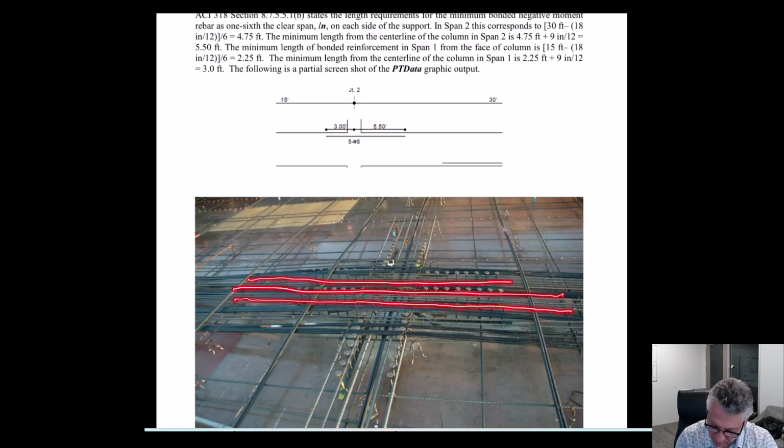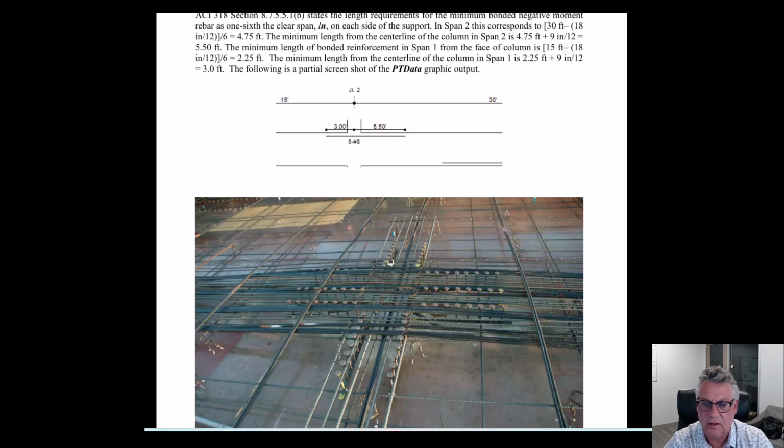So they're all in the same plane, they're all the same thickness, they're all running over the perpendicular steel at the same height, creating the same cover. So we try in the thinner slabs to use number 4 bars parallel to the 1/2 inch diameter banded tendons. It's a nice clean layout.